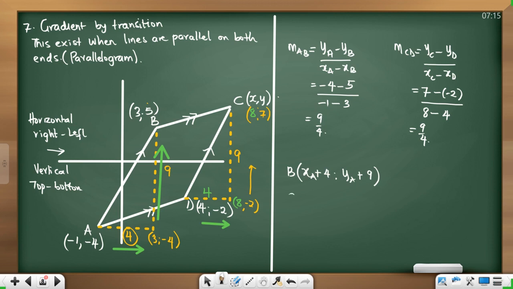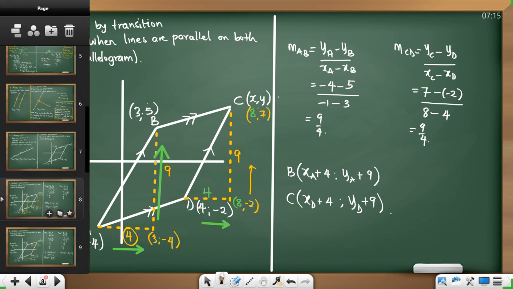Now from D to C will be what? XD plus 4 and YD plus 9. Perfect. XD plus 4, we moved 4 units to the right and 9 units up. And the same would have happened if we were moving down to be minus and left would be negative. We'll do a few more examples of this, but I hope it's clear. It's gradient by transition. Awesome.